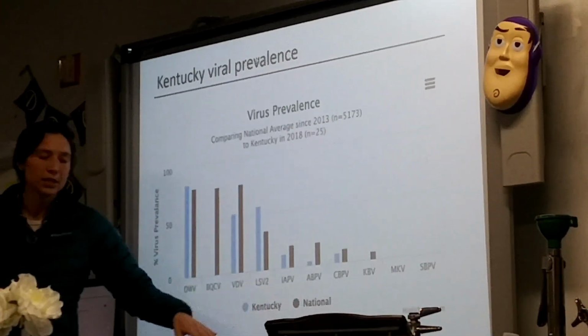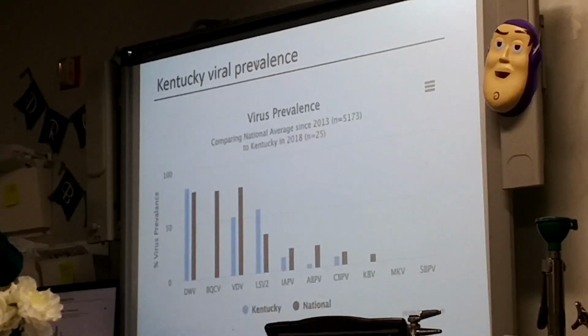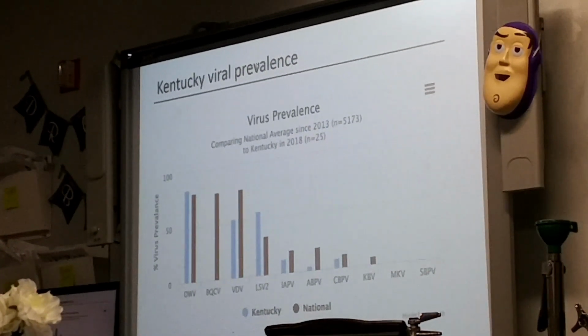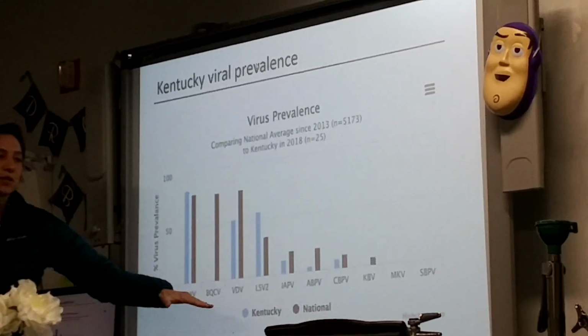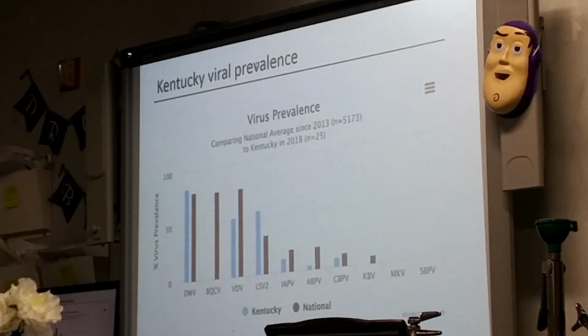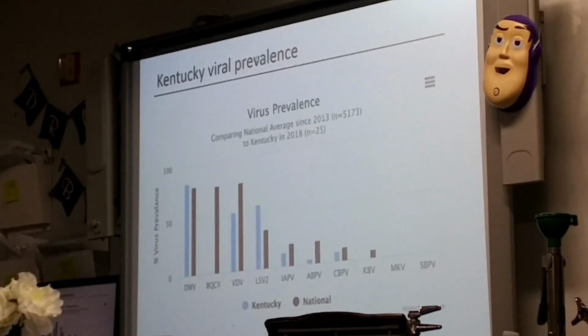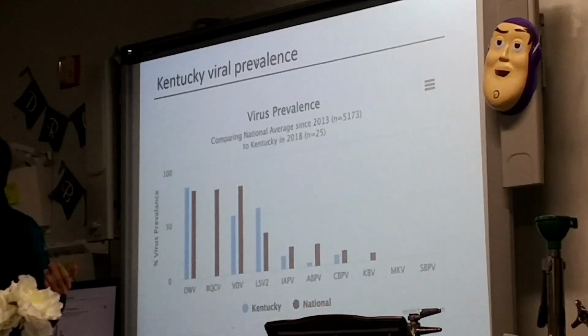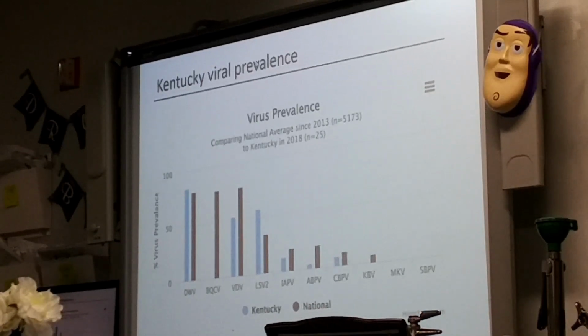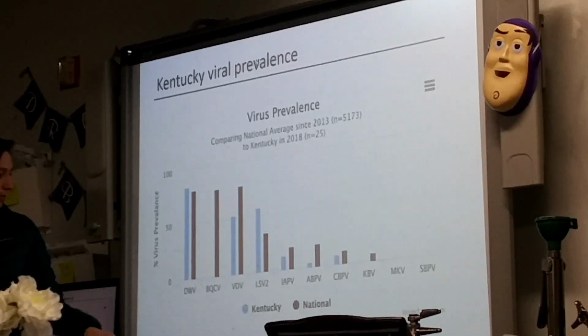So we have some Kentucky data, but the survey was designed to target different areas of the country and give a big picture. If we want to know what's going on in Kentucky, we need much what's called finer grain sampling. Think about it like if you wanted to get a sense of, on a national level, who's going to win the election versus a local or state level. It's a very different sampling strategy.